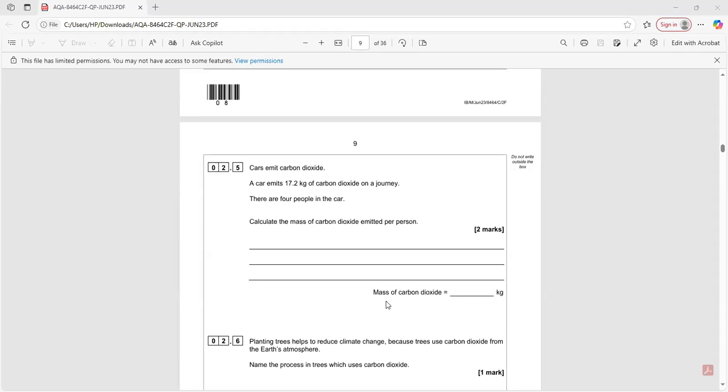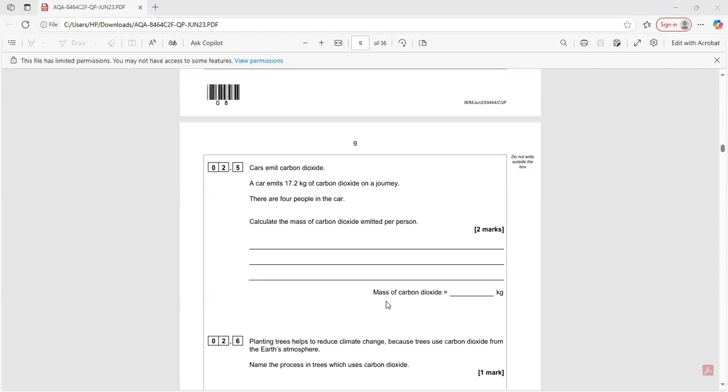Okay, we roll on. The next one says cars emit carbon dioxide. Okay, so it now tells us a car emits 17.2 kilograms of carbon dioxide. Now, sometimes you wonder how this can happen, but it's true. I mean, people are inside the car and we're regularly breathing out, so it's a possibility.